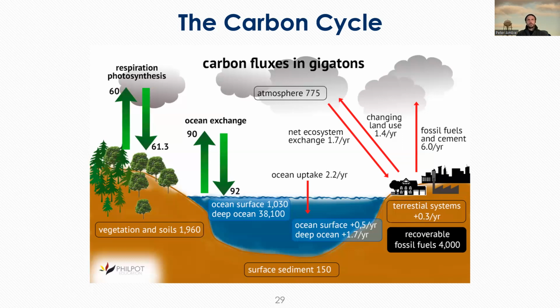And so that leads to a non-steady state cycle where emissions are continuously building up in the atmosphere, and that is ultimately leading to the issues we're trying to combat related to climate change.